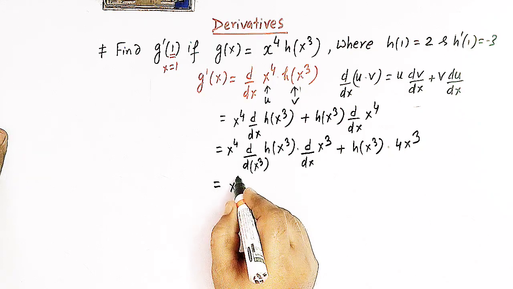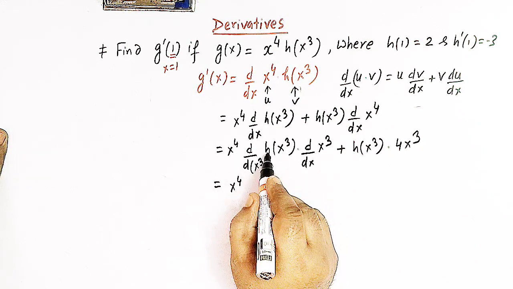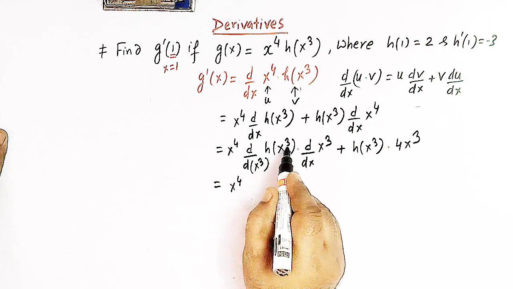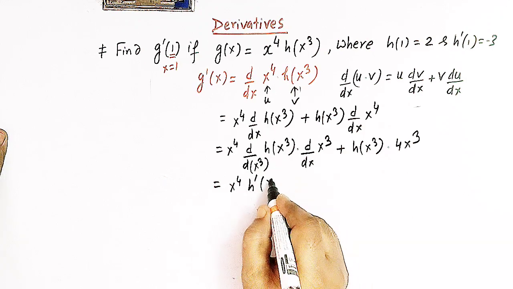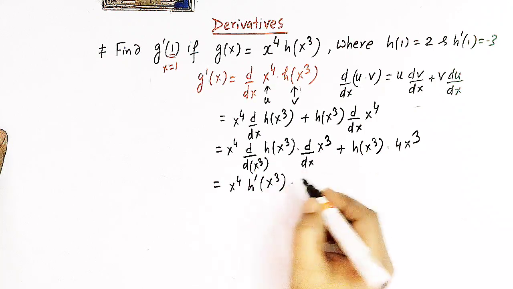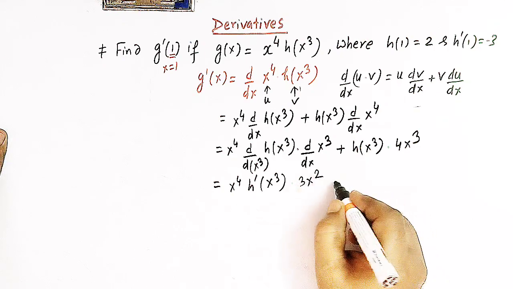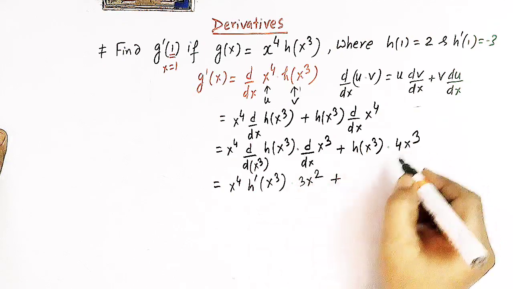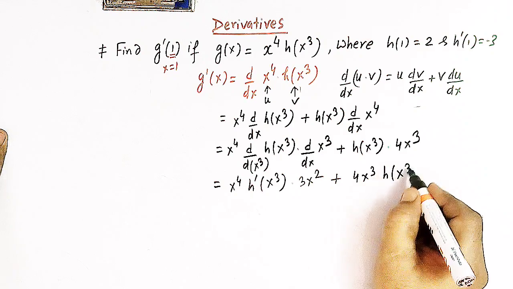So we have x raised to 4, and here the derivative of h of x cube with respect to x cube is h prime of x cube, and we write the derivative of x cube as 3x square, and then we have 4x cube and h of x cube.